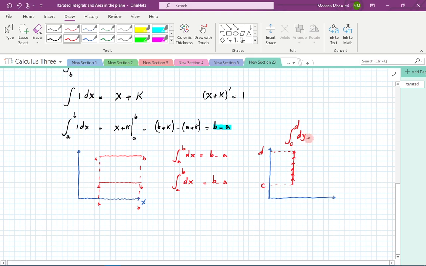What is my net displacement? Well, of course, that is d minus c. And again, it doesn't matter what my x is, so long as my y is changing from c to d. So in both of these cases, going from c to d, the integral of dy is d minus c. Okay, so the integral of the differential is simply end value minus starting value.